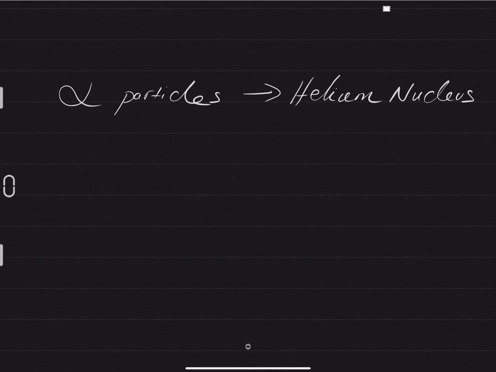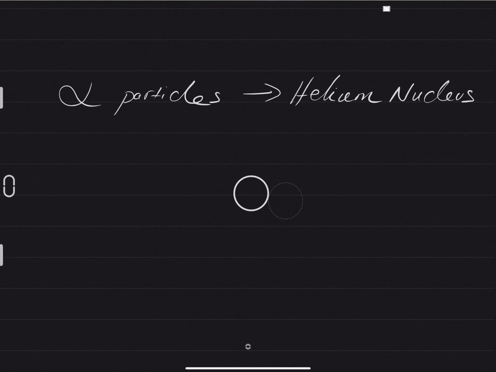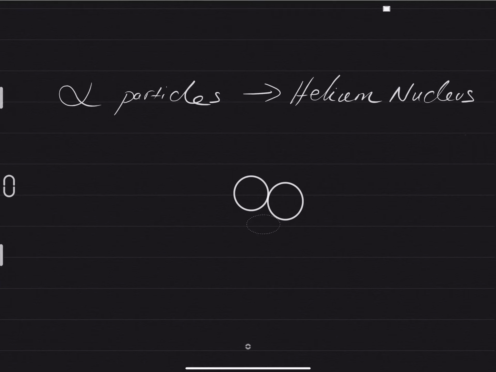So let's put some structures in that show a helium nucleus. Okay, that's not good. Let's put another structure there. And let's just assume this is touching.